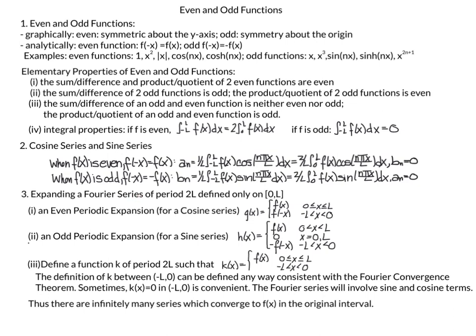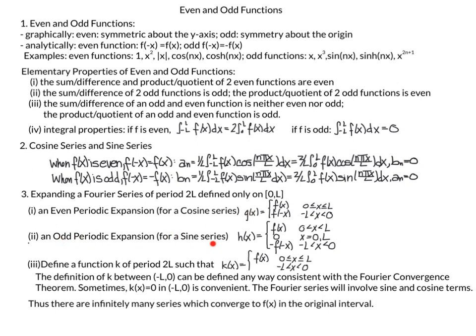Last, we'll expand a Fourier series. So if we're interested in representing a function between 0 and L, we can expand our definition of the function to go from negative L to L in such a way that we have an even function, in which case we can get a cosine series, a Fourier series with just cosines where the b sub n equals 0.